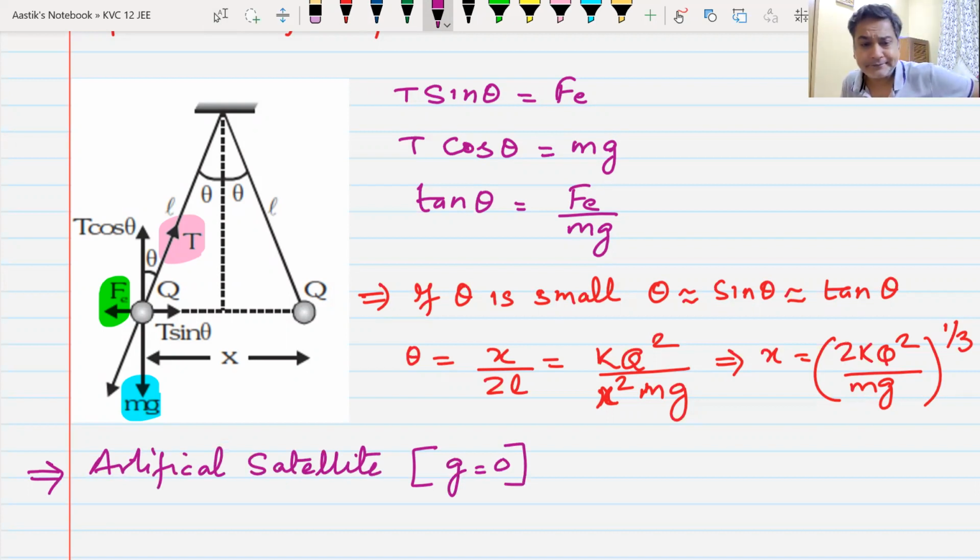Then how will the arrangement look like? And what will be the tension in the string in that case, if you take it to a satellite where G is not there?